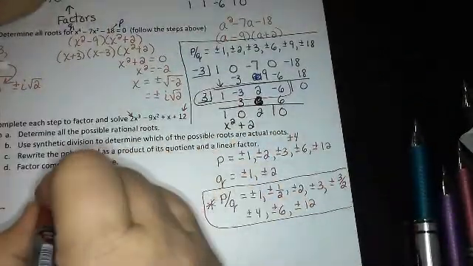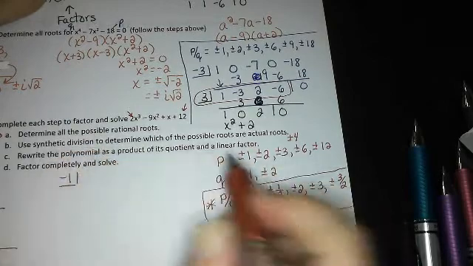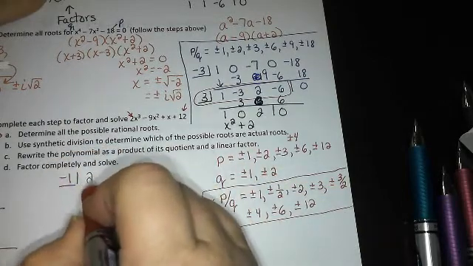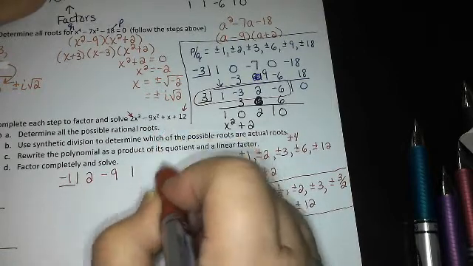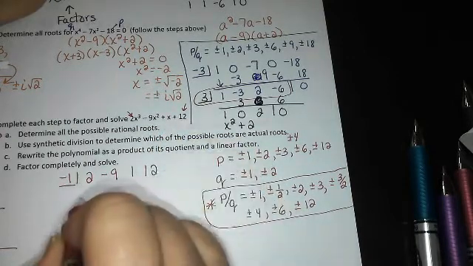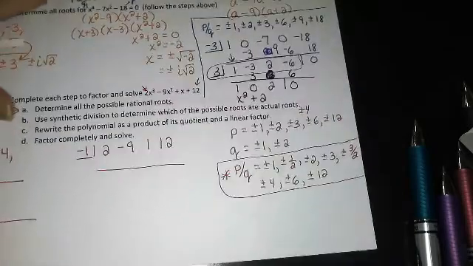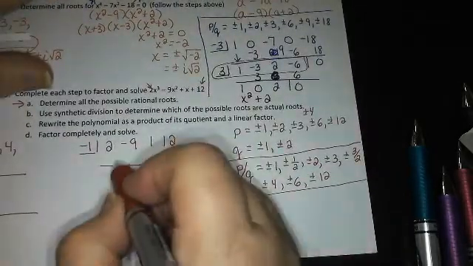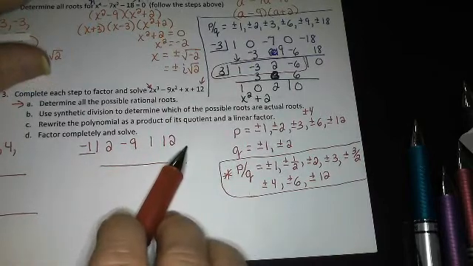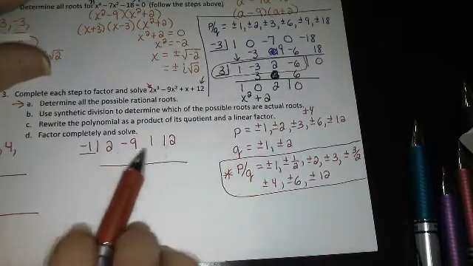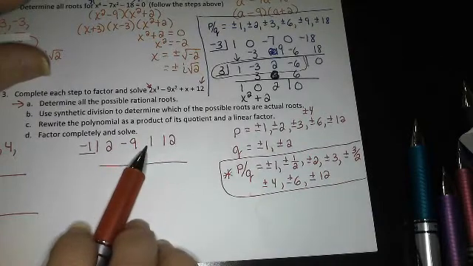So here goes. Synthetic division with -1. So we've got 2x to the third minus 9x squared plus 1x plus 12. Make sure when you're doing this you can read your own writing. I've seen people write this out and somehow the 1 was too close to this one and they thought it was an 11 and then they messed it up.